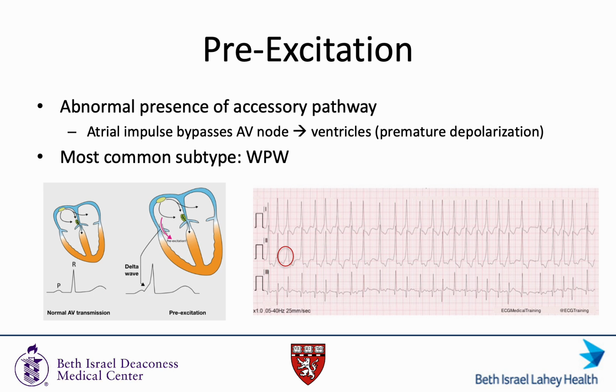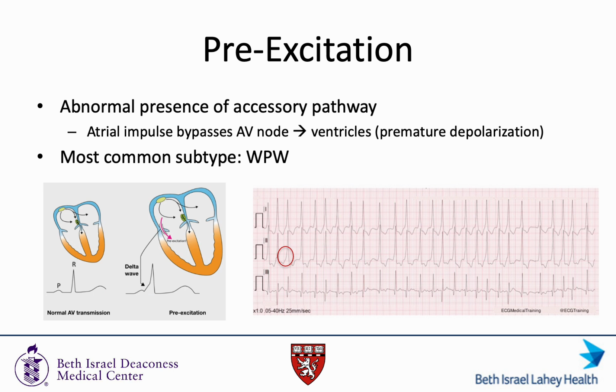The pre-excited tachycardias can be irregular, in which most commonly it's pre-excited atrial fibrillation, or they may be regular. And in addition to the atrial tachycardias that conduct with pre-excitation, we can have pre-excited tachycardias that actually involve the bypass tract as one limb of a reentrant circuit.